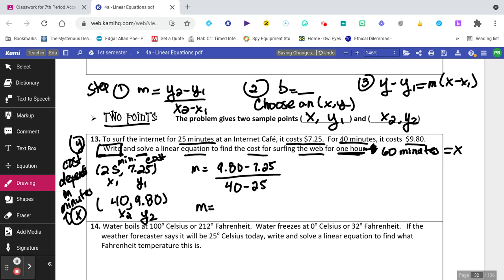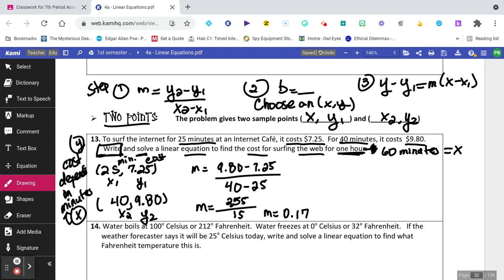You aren't going to be able to use your calculators, okay? 9.80 minus 7.25 is 2.55, divided by 15. So we're looking at an m of 0.17, I'm sorry. Basically, it's like 17 cents per minute. All right, so that's m.